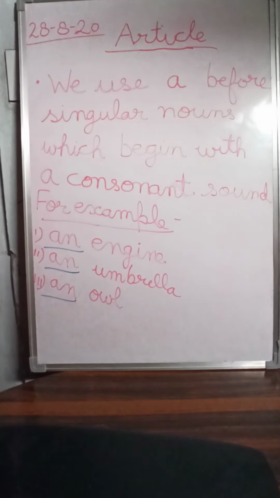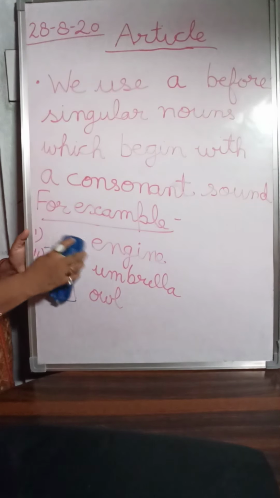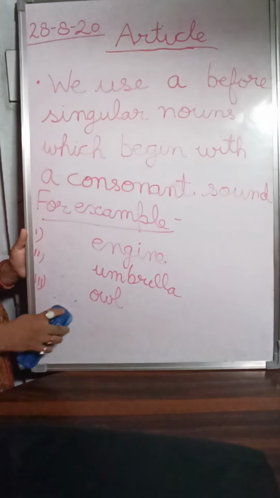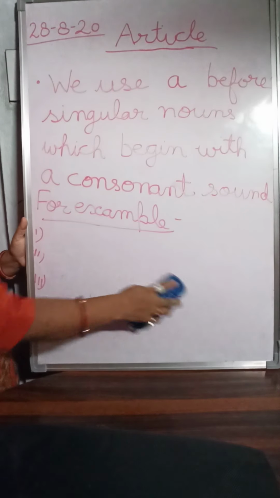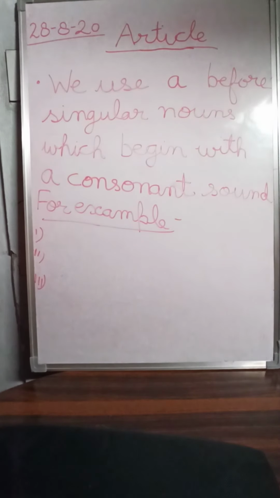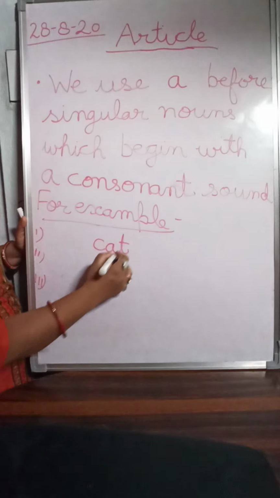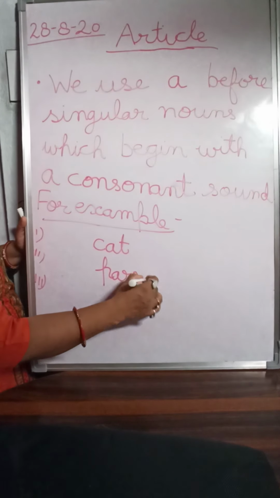Okay children, now we will see some examples of article a. See, the first word I have taken is cat. The second word is parrot.